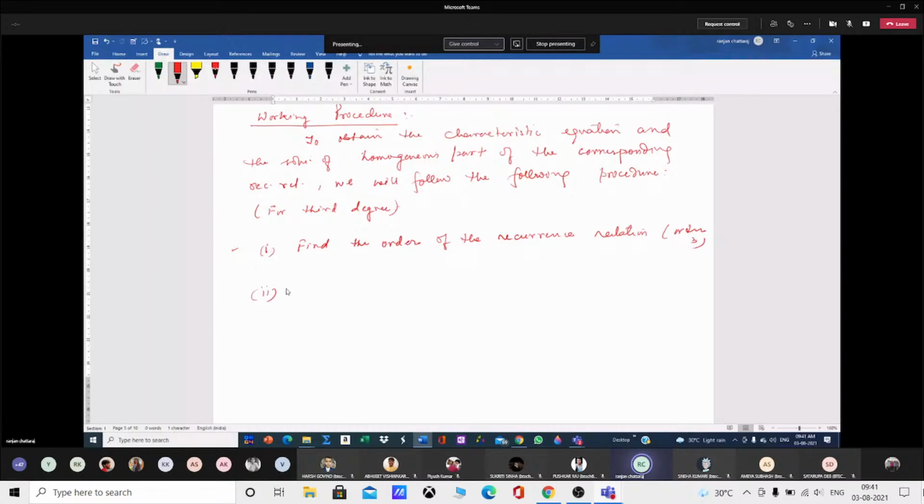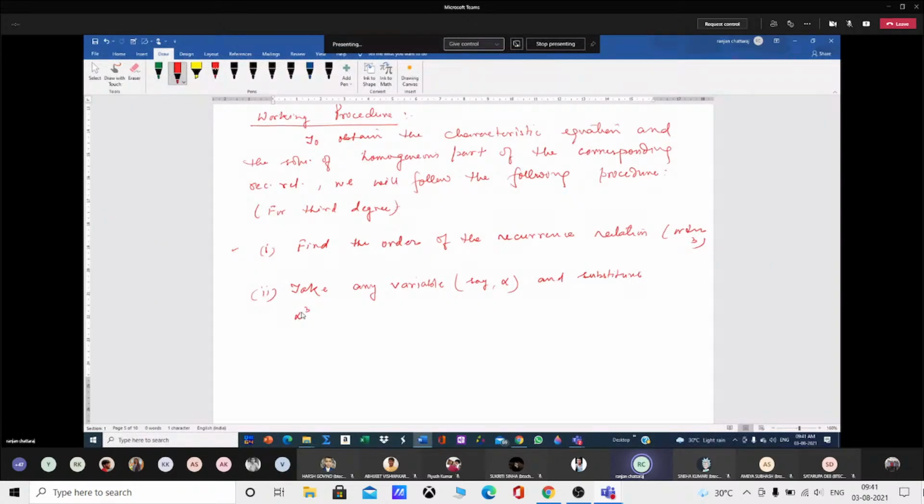then what we will write? Take any variable, and here I am taking alpha, and substitute. If it is a third degree, then we'll start from alpha cube.